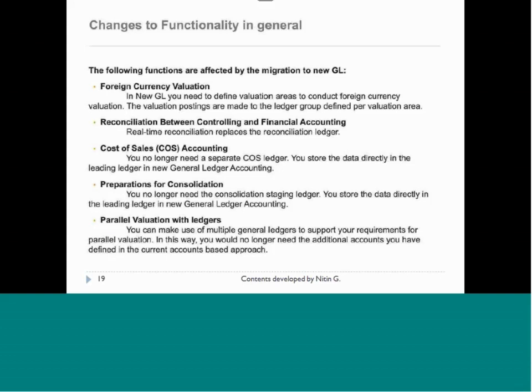So this parallel valuation is one of the key wins of new GL, which was not provided by standard SAP in classic GL, and customers were using special purpose ledgers and other options. But with new GL, they have simplified the approach of multiple ledgers. You can have leading and non-leading ledgers, and based on ledgers, you can report your books.